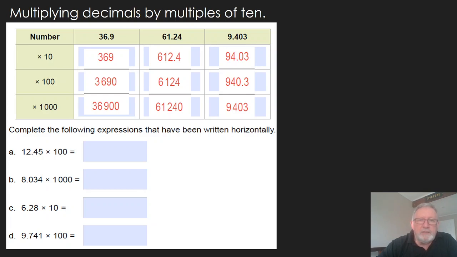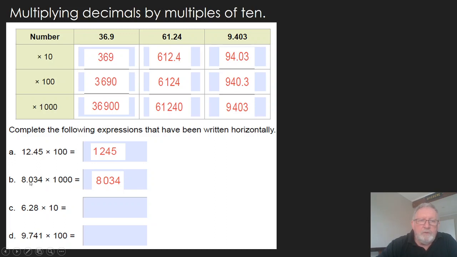All right, let's see. 12 and 45 hundredths moves two decimal places larger. The decimal's gone because it's had to move two places. I wonder if the same is going to happen with the next one. 8,034. The same digits, 8034.